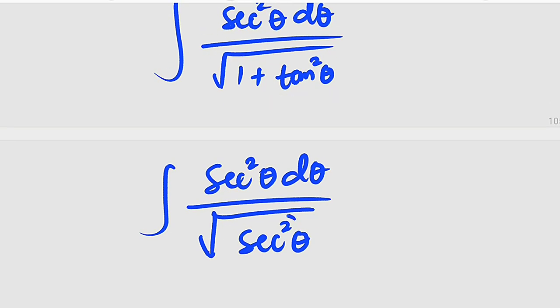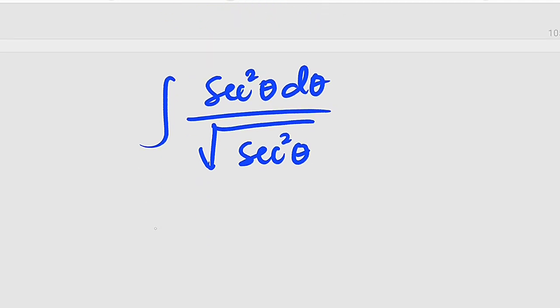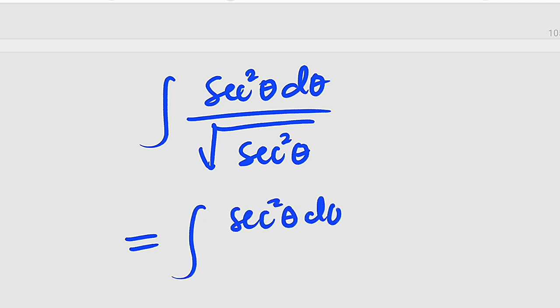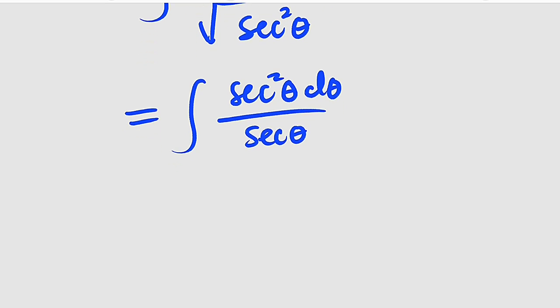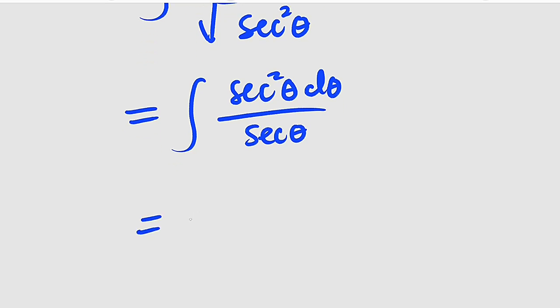So the square root and power of 2 will cancel, leaving secant theta. As we move on, we have the integral of secant squared theta d theta divided by secant theta, and secant squared theta divided by secant theta is just secant theta. This is equal to the integral of secant theta d theta.